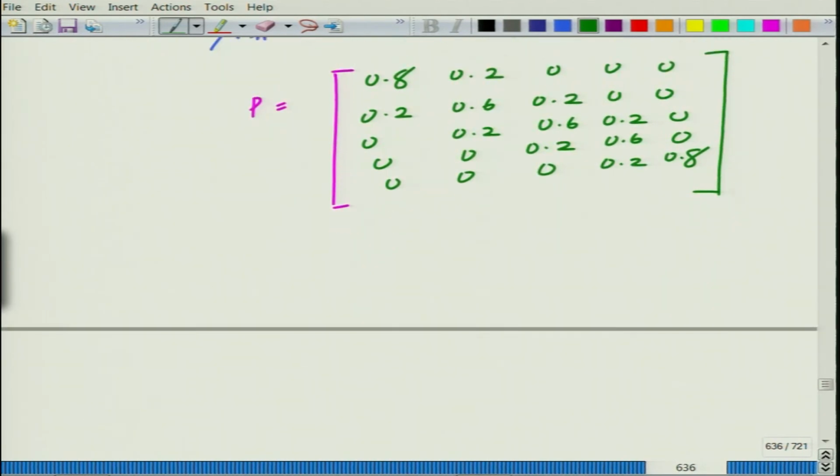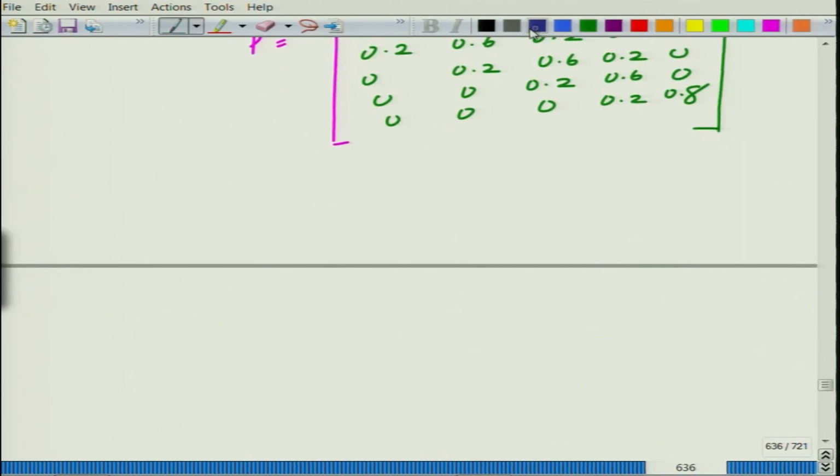Okay, so this is your one step transition probability matrix.